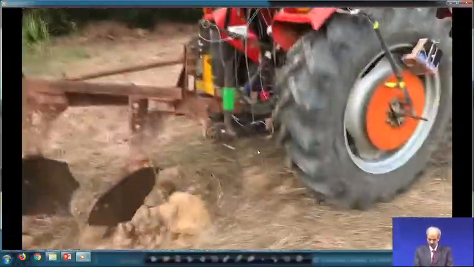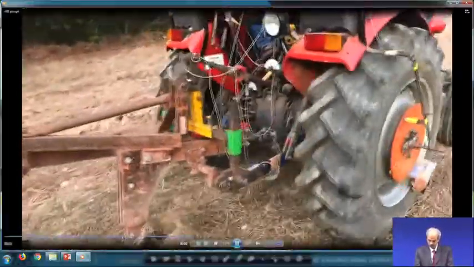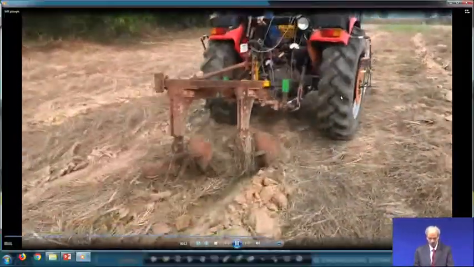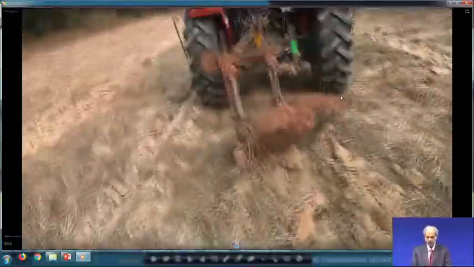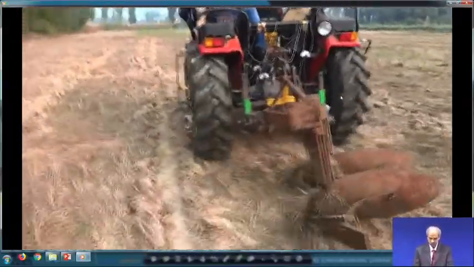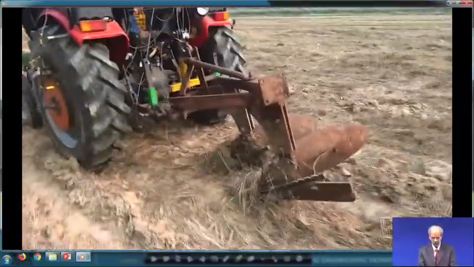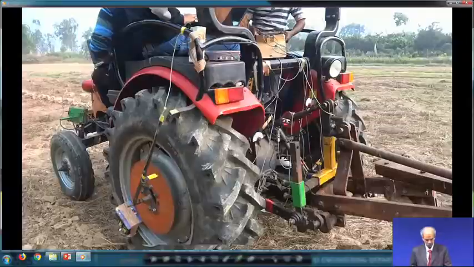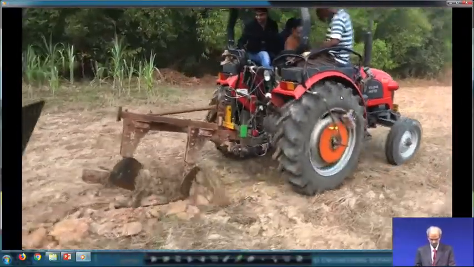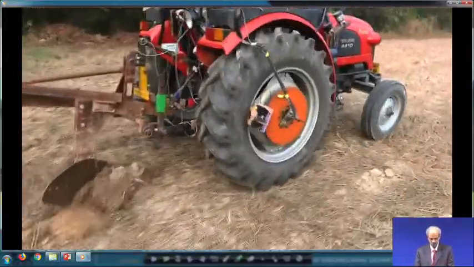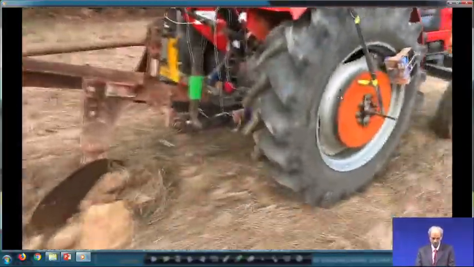This is the location where we have the equipment which is measuring the tractor axle torque, and other details are shown here. The complete information you can see here.